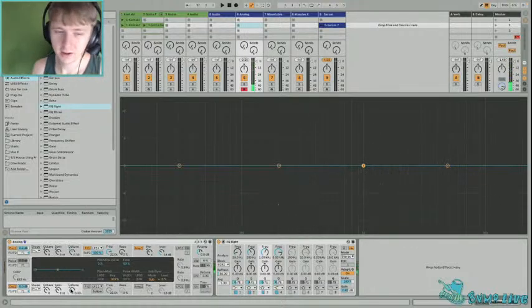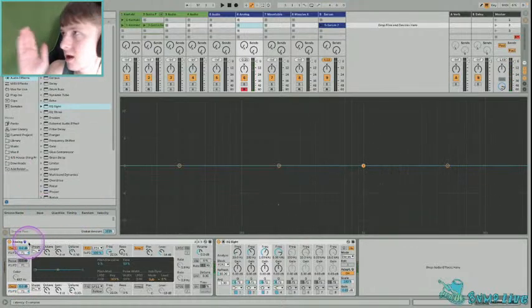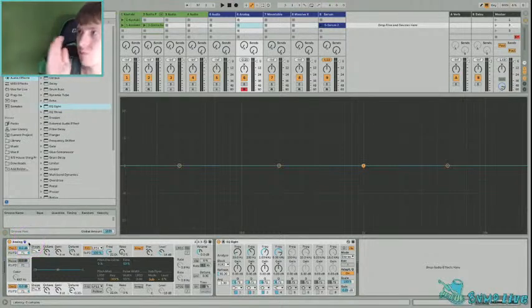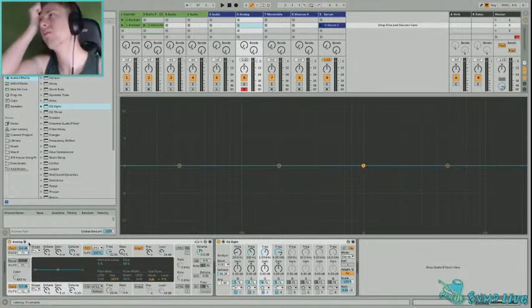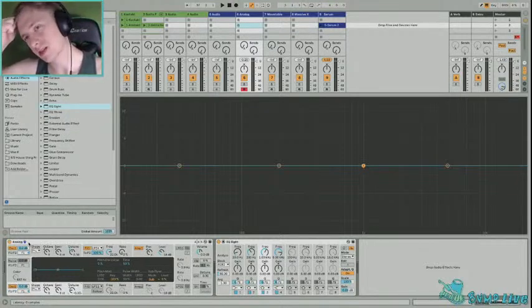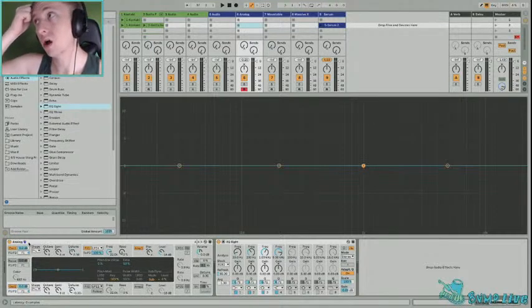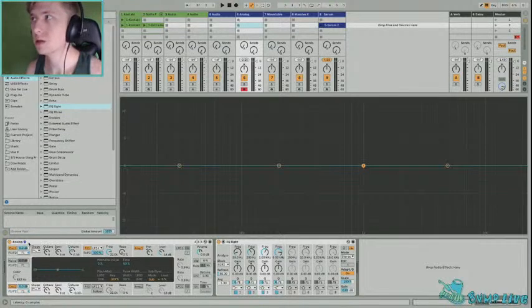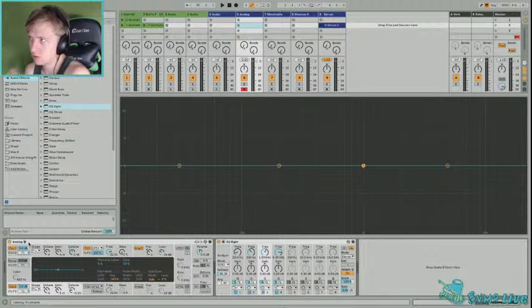Cool, eh? Just by taking two sawtooth waves and bringing one down a couple cents, or up a couple cents, meaning, well, let me define a cent. A cent is basically 1/100th of a semitone, or a half step. So there are 100 defined steps between two semitones.